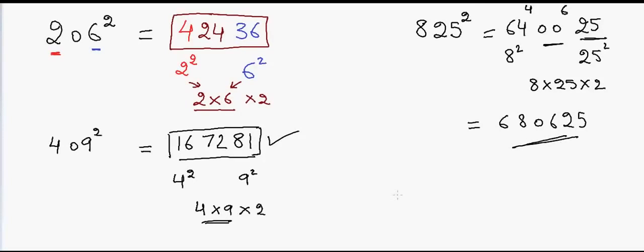If you practice, then you can always do this calculation without even writing it on paper. Now how does this trick work? Let's look into it. Any three-digit number can be written in the following form: 100x plus y.